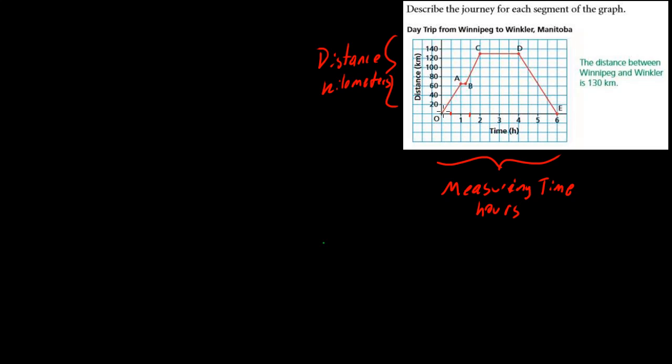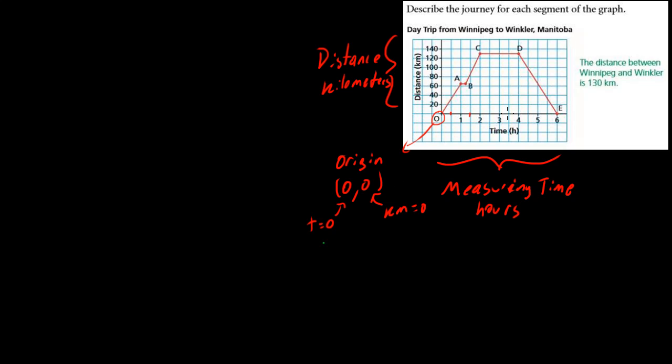And as we can see, every box going up is going to be 20 kilometers each. This is called our origin. This is the coordinate of (0, 0). So t is equal to 0, our time is equal to 0, and our kilometers are equal to 0 as well when we start our trip.